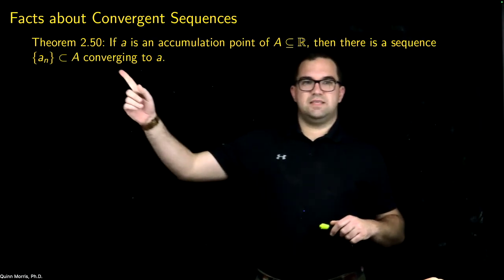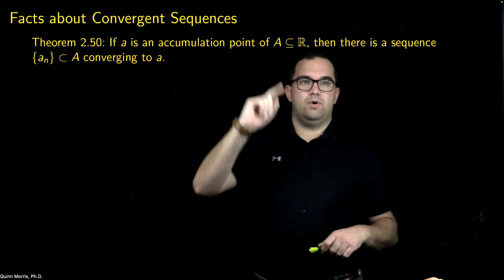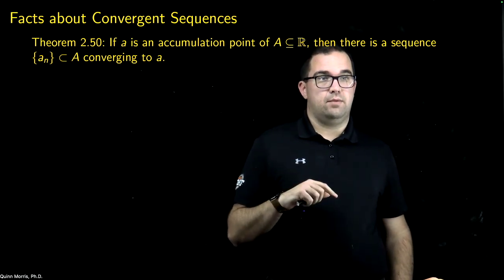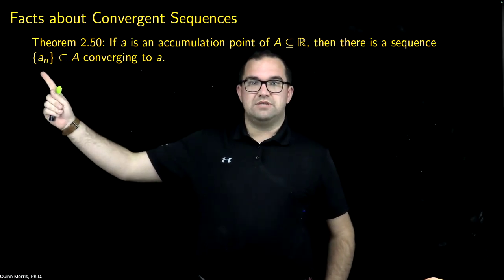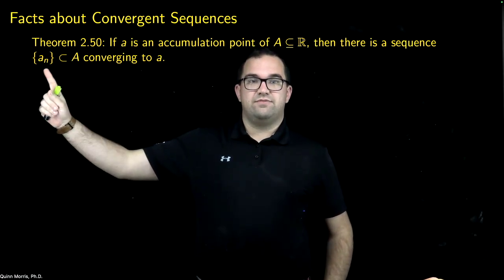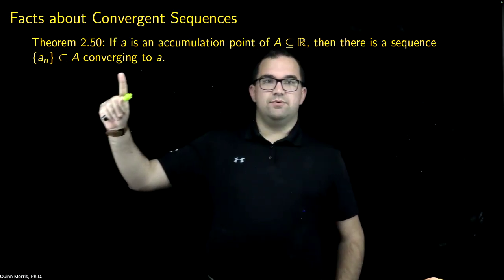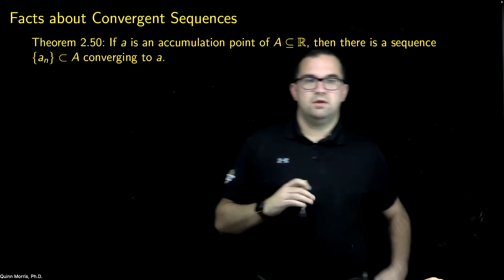Okay, so this last theorem, we have that if a is an accumulation point of a subset capital A of the real numbers, then there exists a sequence of values a sub n where each of the values a sub n is in the set A, such that that sequence converges to that accumulation point little a.